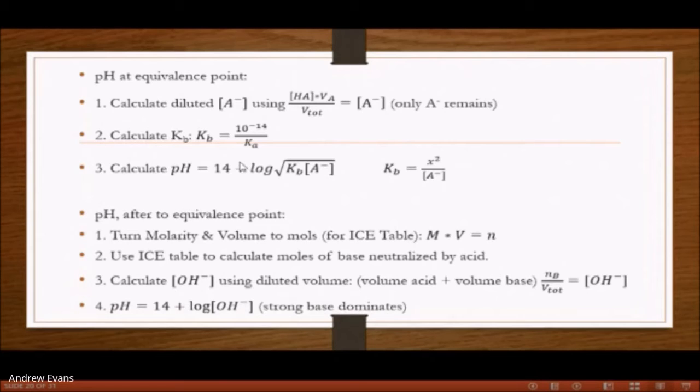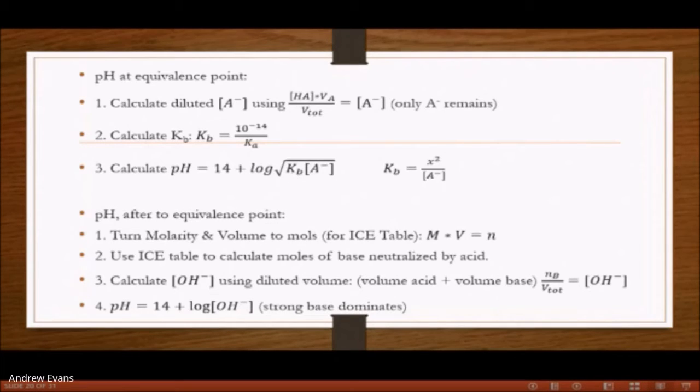We have to calculate the Kb because now we're dealing with a basic situation. Then we calculate the pH the same way as at the initial point, except now it's the pOH, so you turn it back into pH.